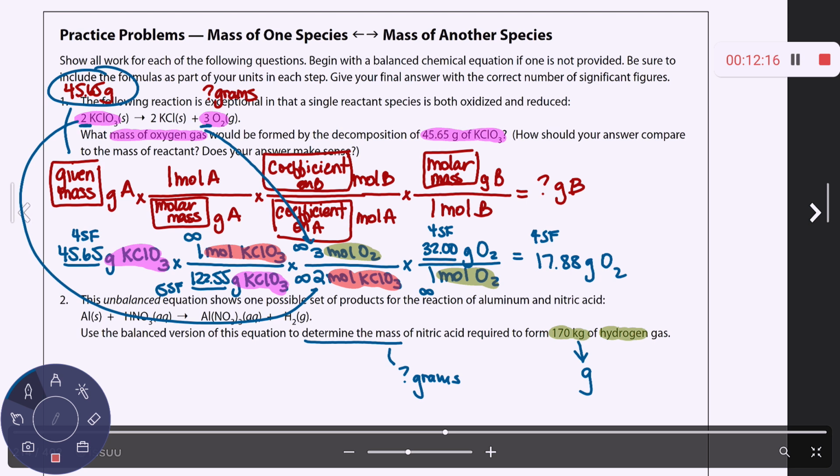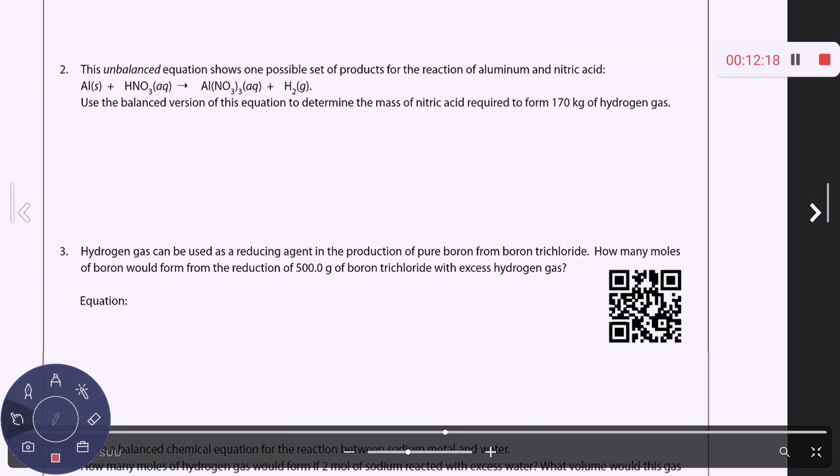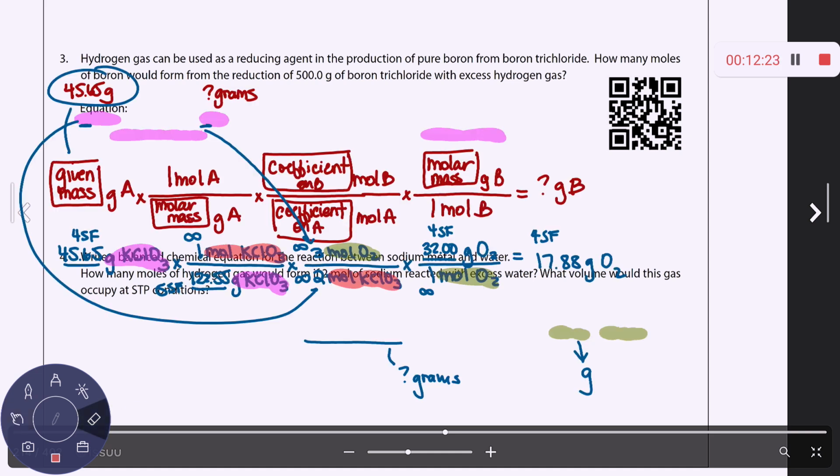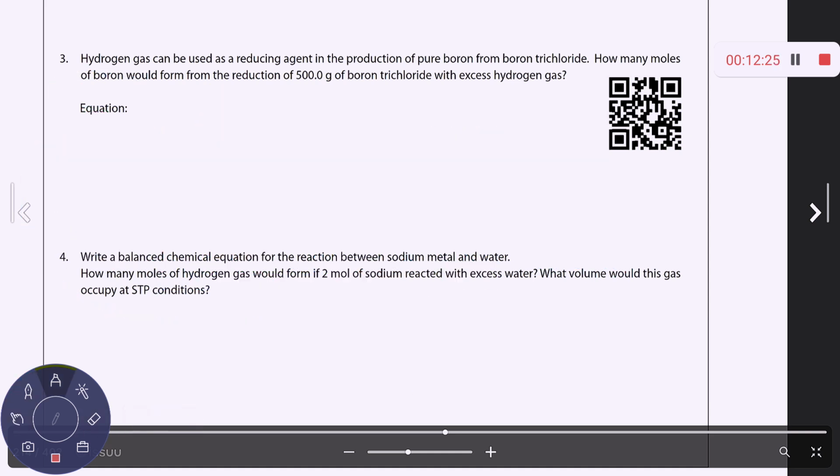So for number 3, here they're asking you to solve for moles. So here it says how many moles of boron would form from 500 grams of boron trichloride with a bunch of hydrogen gas.